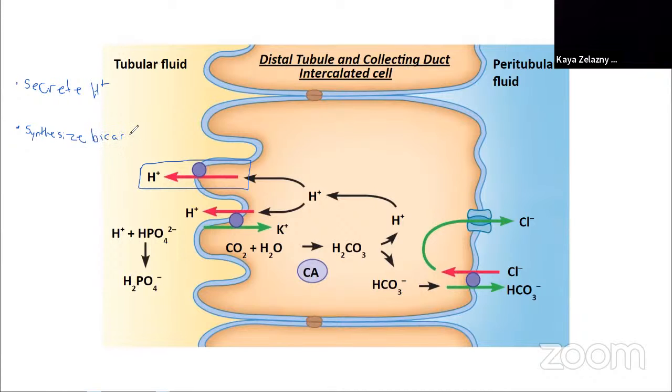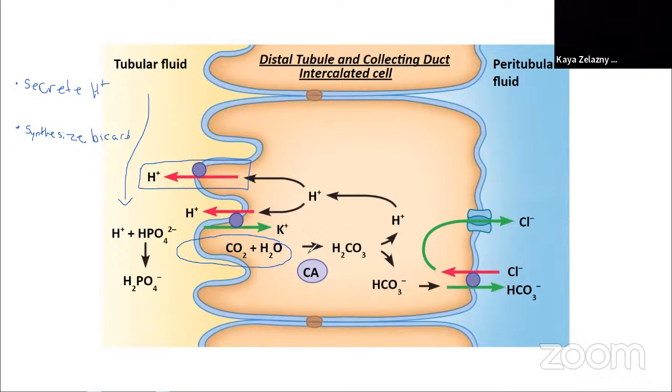So the difference here is in that synthesizing the bicarbonate part. We don't have a lot of bicarbonate coming down in the tubular fluid anymore because we reabsorbed it in the proximal tubule. What we do have is carbon dioxide and water.